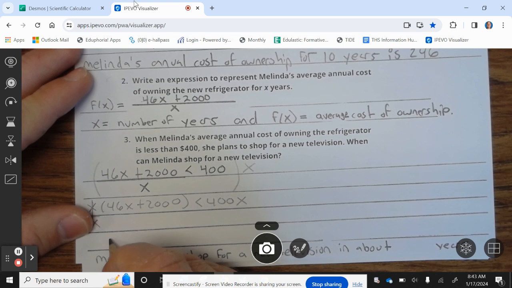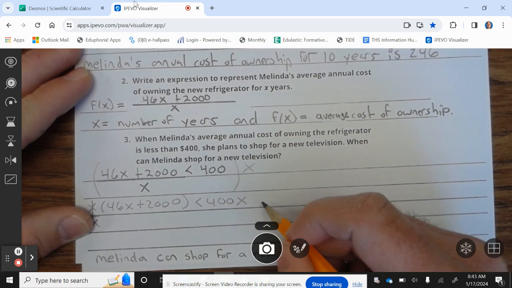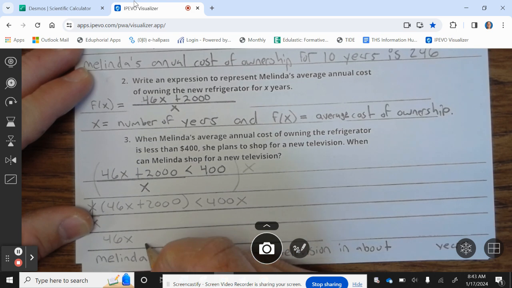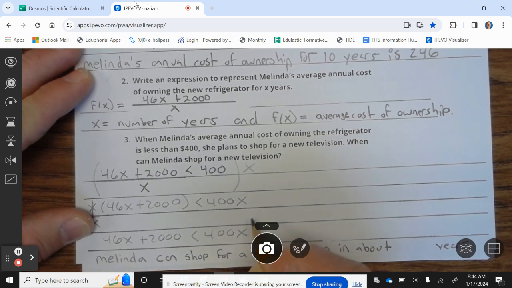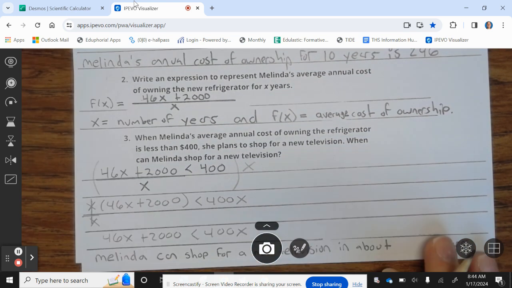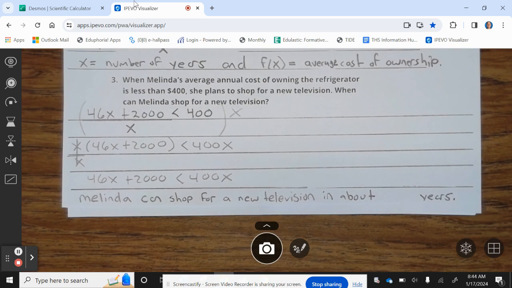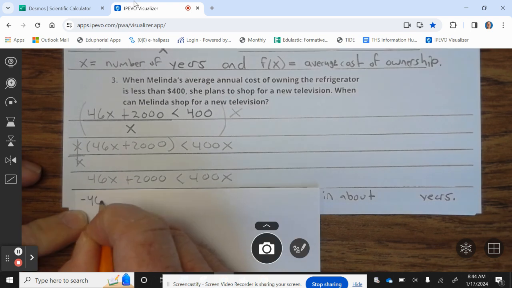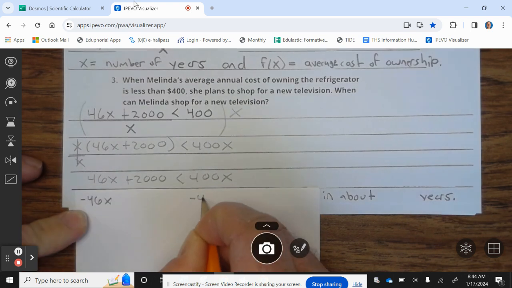So you're left with 46x plus 2,000 less than 400x. Now we're going to subtract 46x from both sides.